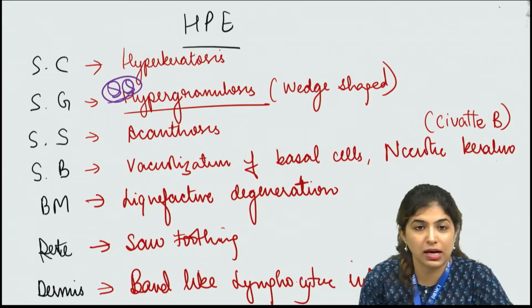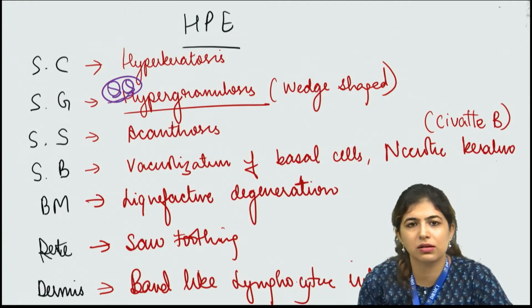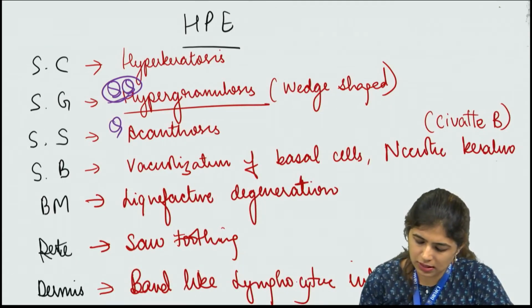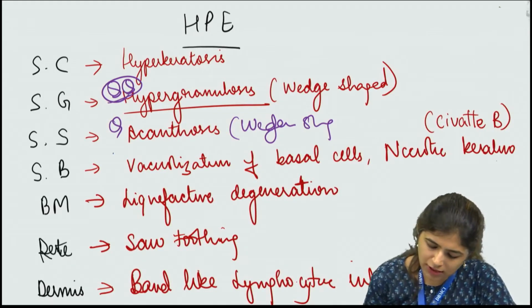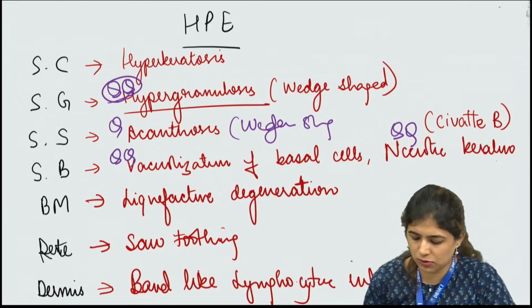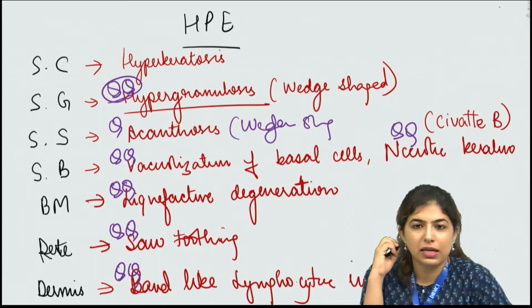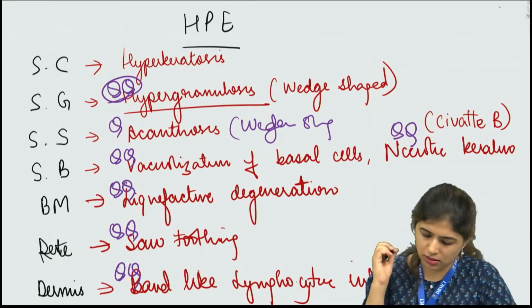Hypergranulosis, classical, because LP is the classical cause of increased thickness of the granular layer. Acanthosis, yes, here this is also wedge shaped. Then vacuolization of basal layer along with necrotic keratinocytes. Every point is a double Q, meaning important.